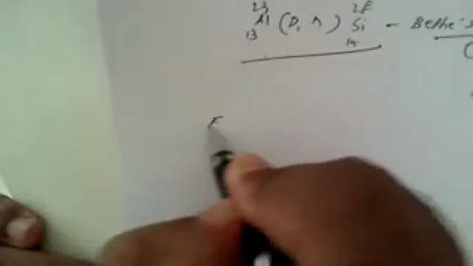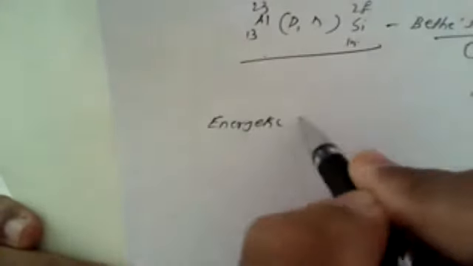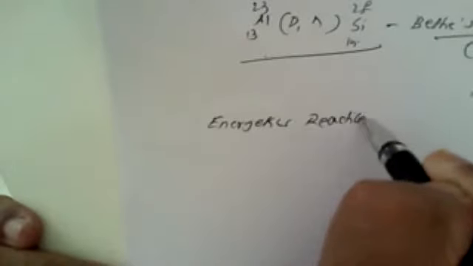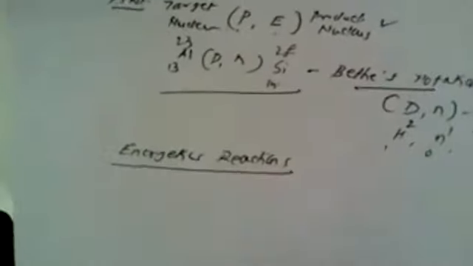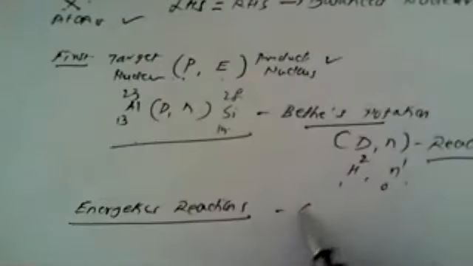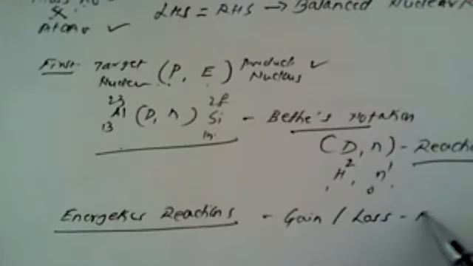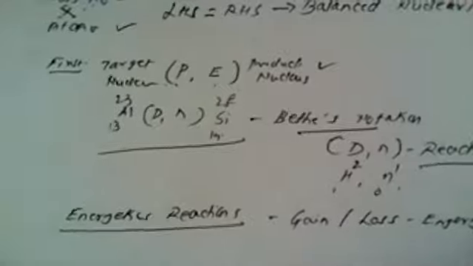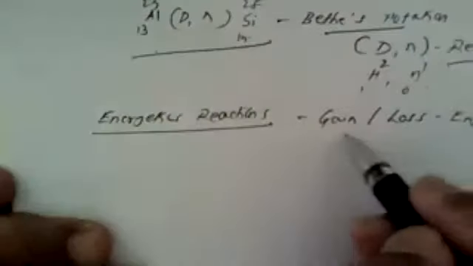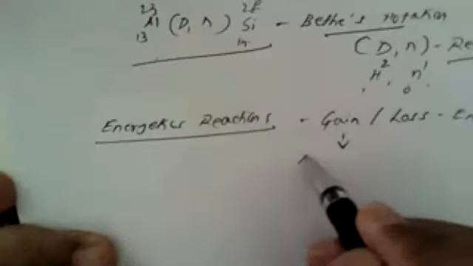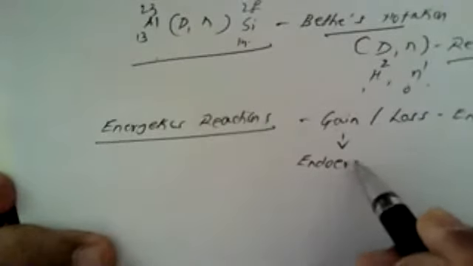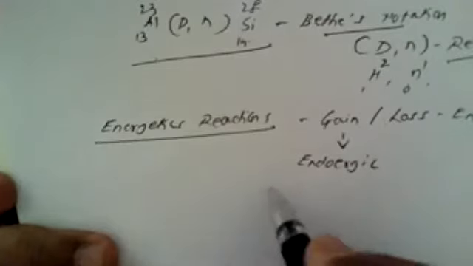Now, what is the energetics of these nuclear reactions? When these nuclear reactions proceed, they are accompanied by either a gain or a loss of energy. If in a particular nuclear reaction there is a gain in energy, such a nuclear reaction is known as an endothermic reaction.